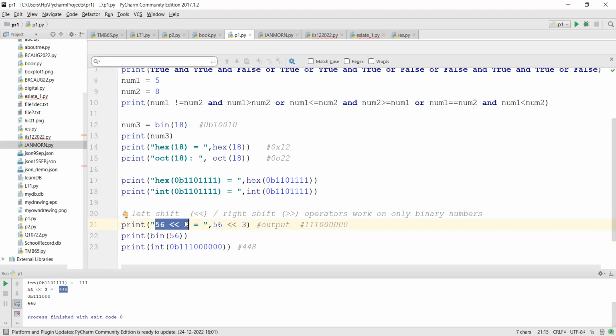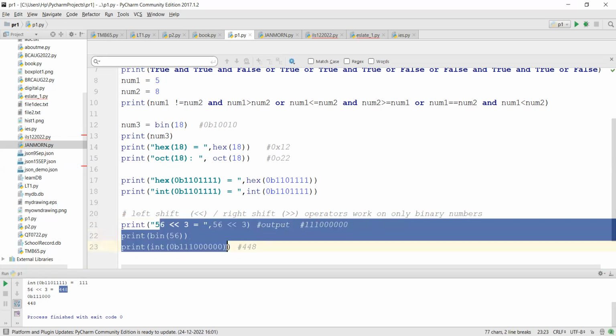What is 56 into 2? 112. Yes, 112. Now again, because you have to do it 3 times, 1 time you did, it is 112. Second time if you do, then 224. Correct? And then we still have to do one more time. 224 into 2, 448. That's why you get 448.